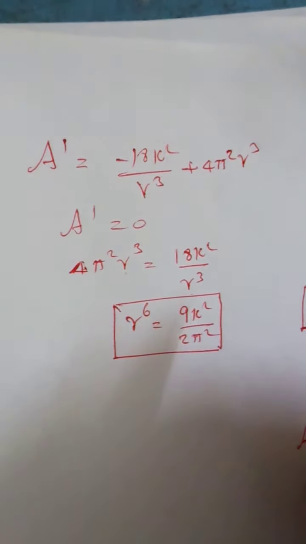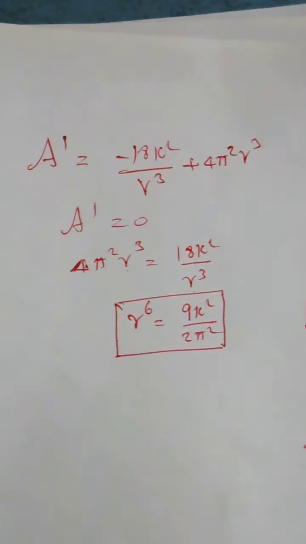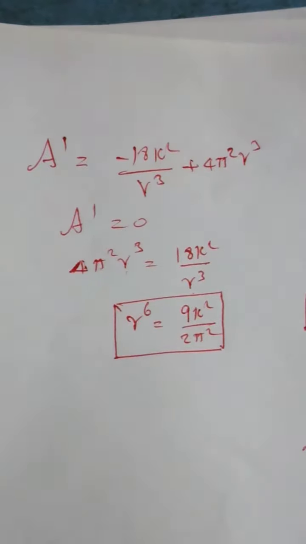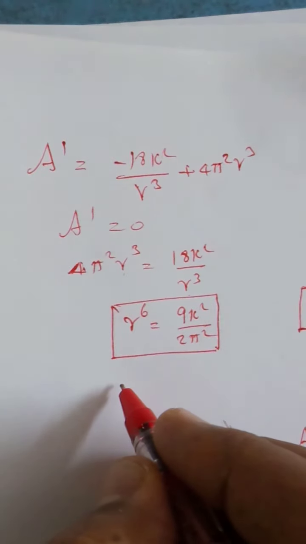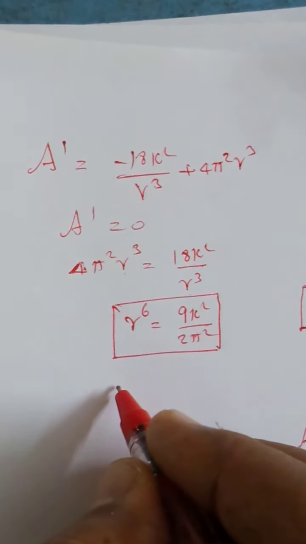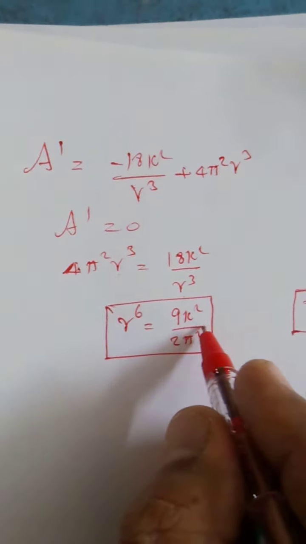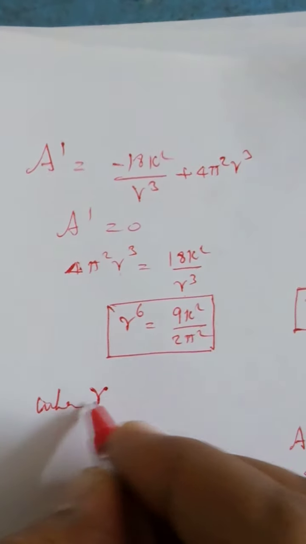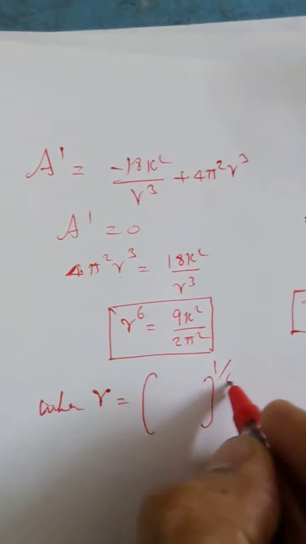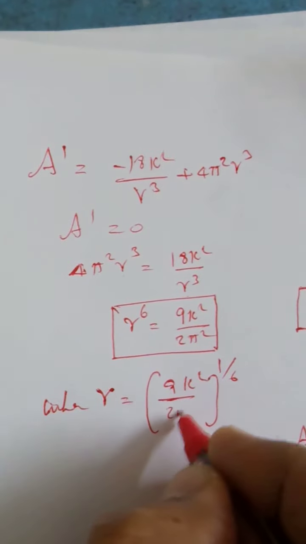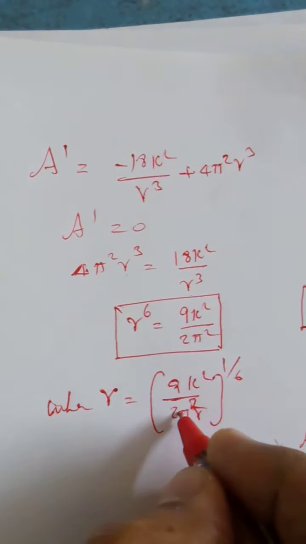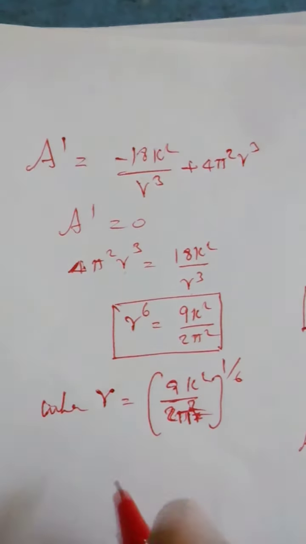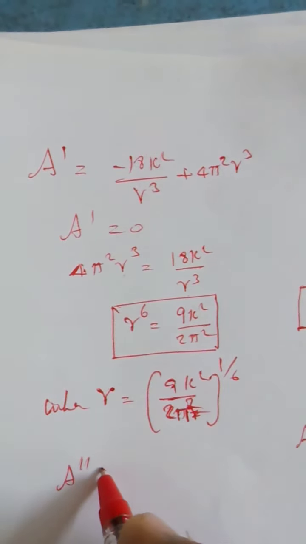And do we need to find this r? No, that's not necessary, because your a is always minimum, as you have mentioned previously. If at all you want to do anything, you can just take a root of this and you can specify, when r is equal to the whole power 1 by 6 of this expression, namely 9k square by 2 pi square, this a double dash is positive.